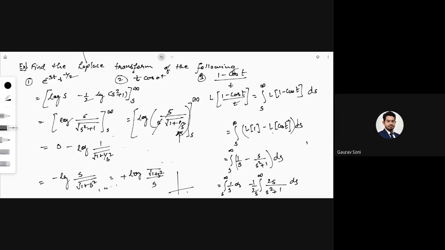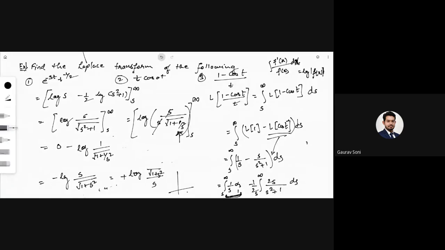You know the Laplace of cos t, that's what we have written, right? And then integration is separated, 1 upon s ds. We know that integration of 1 upon x is log x. One more formula is there. The formula says that integration of f dash of x upon f of x dx, meaning if the derivative of the denominator is on top, in that case I can directly write down the answer as log of f of x, like the denominator.